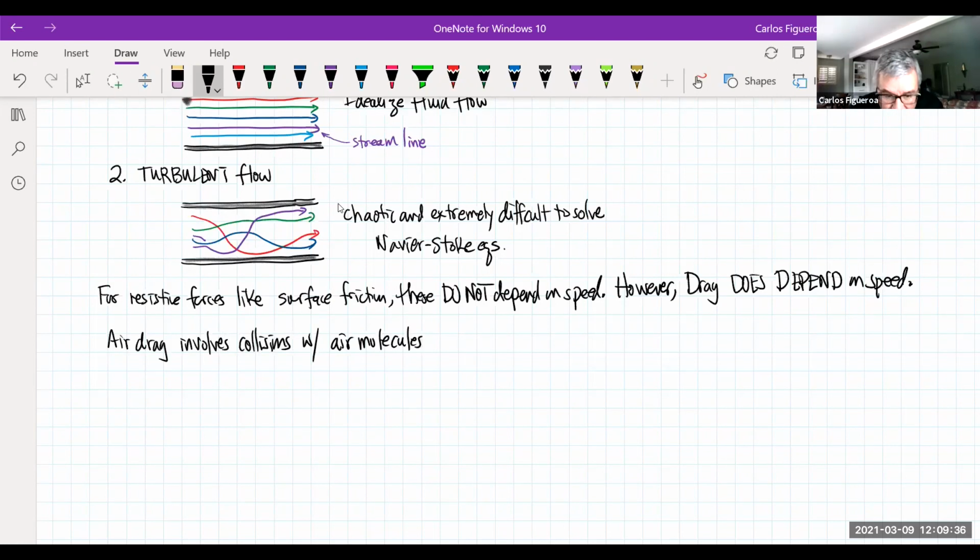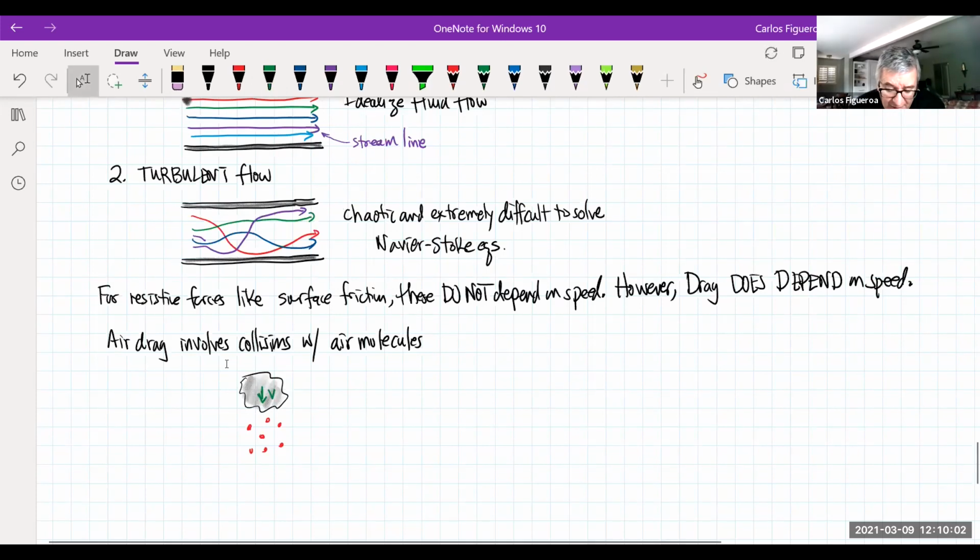So you could imagine that I have an object, let's say that this is my object here, and it's going to be falling through air that has air molecules like this. Let's say that this is only moving at some speed v here like this.